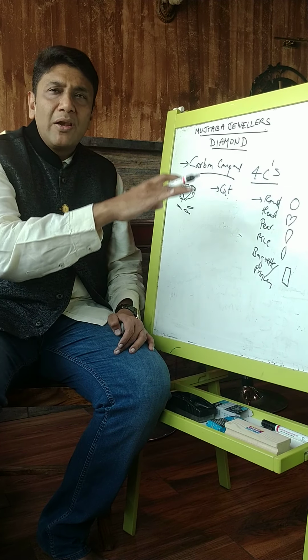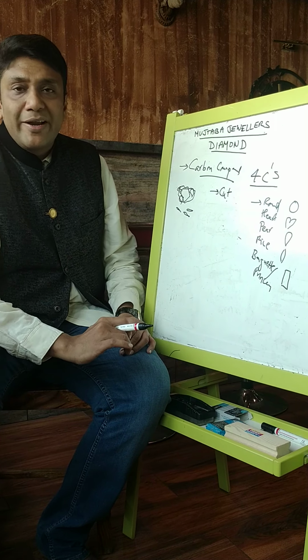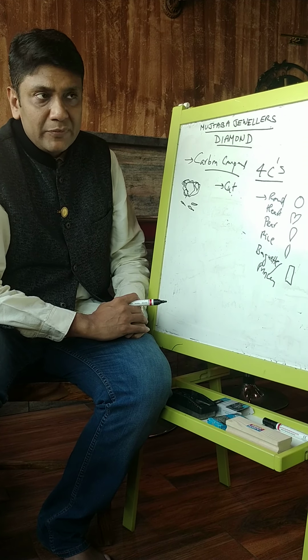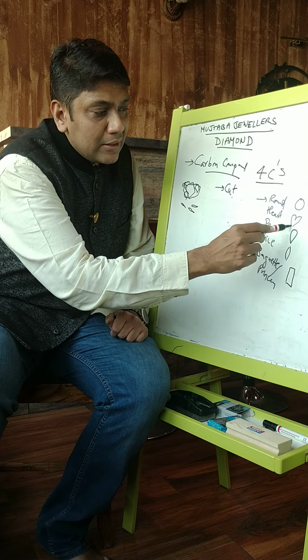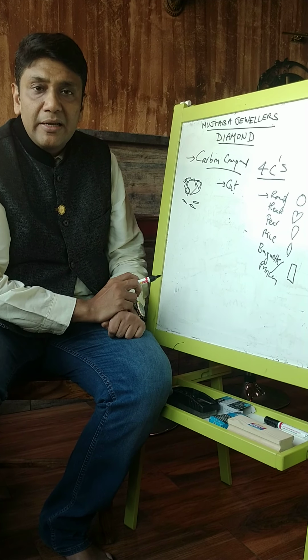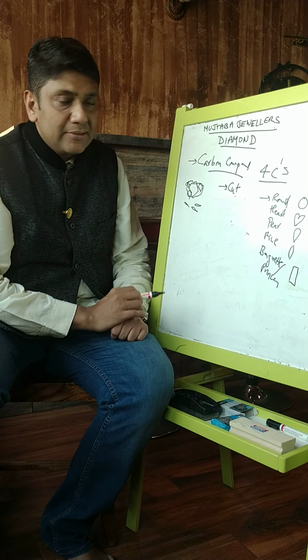These are the well-known common shapes which generally the cutting industry tries to achieve depending on the shape of the raw diamond. But in order to get this shape, one needs to cut it in proper dimensions, in proper angles.